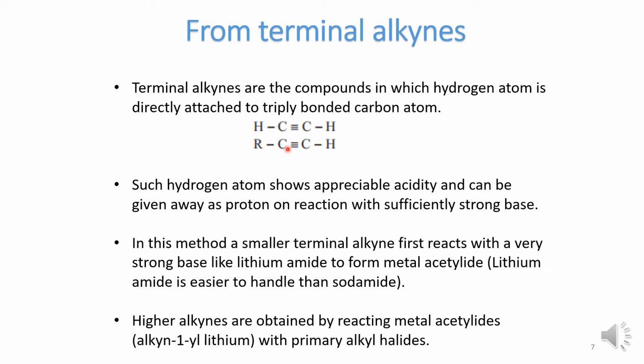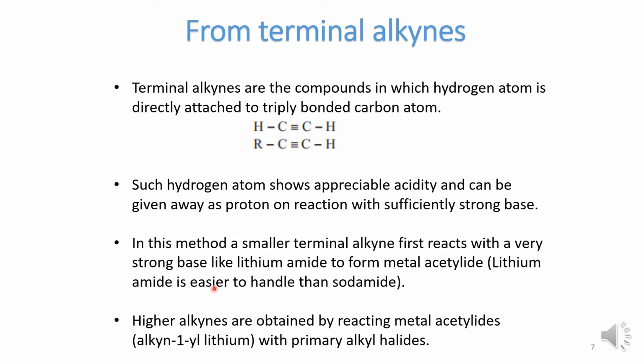Such a hydrogen atom shows appreciable acidic character, and it can be given away as a proton to show the acidity. It comes out when some strong base comes in contact with such terminal alkynes.